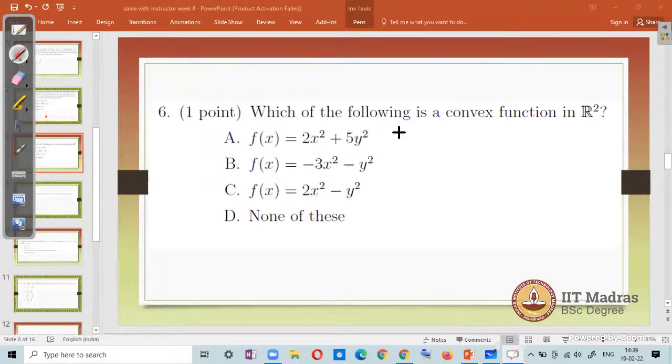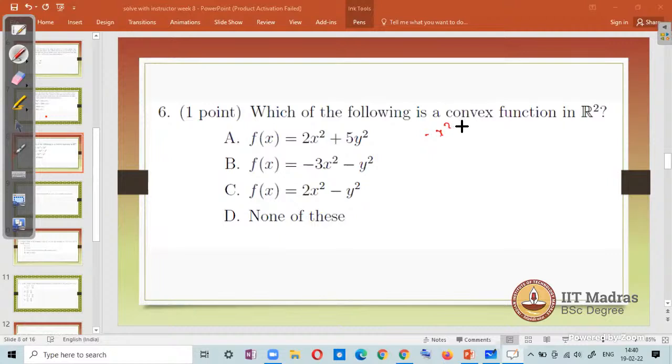Hello, sir. One doubt: x square is a convex function, which is upside open, but minus x square is open downside and it is not a convex function.